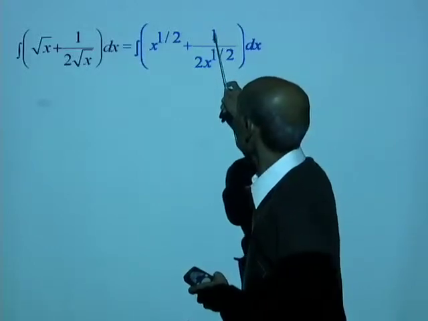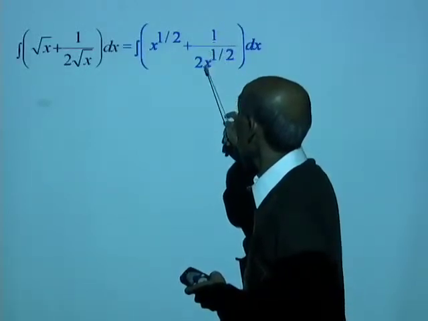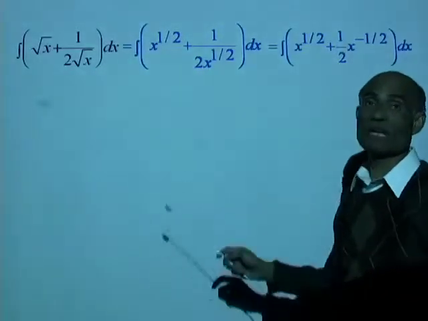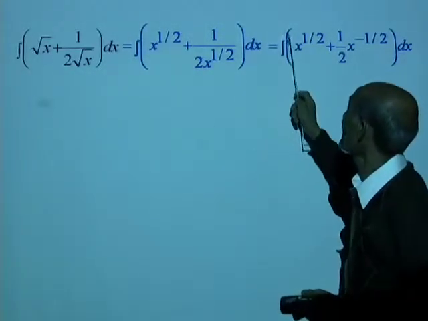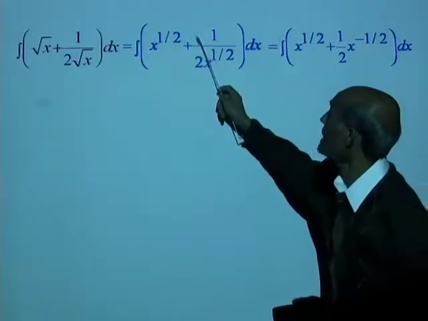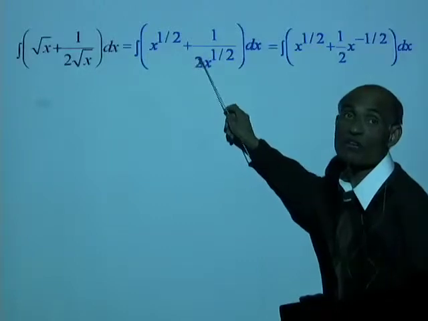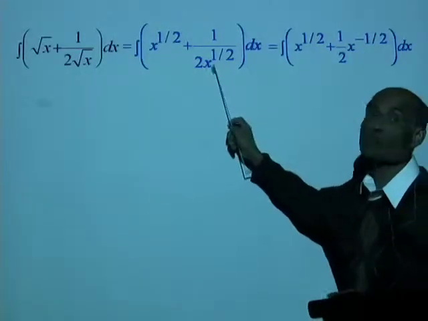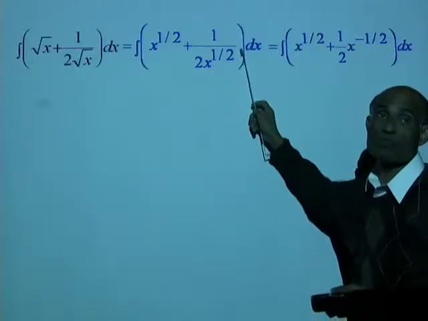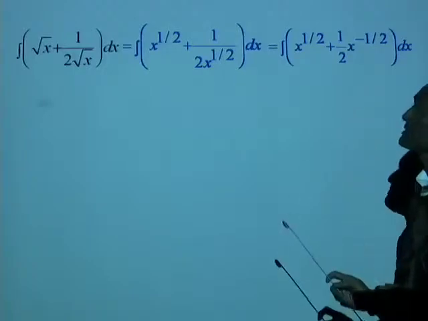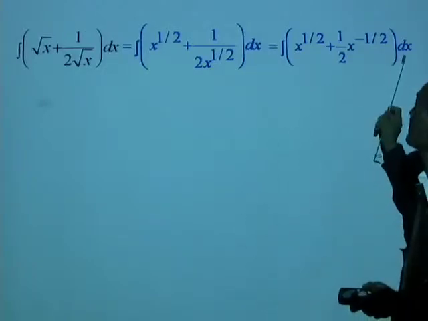So this will be x to the power of -1/2 divided by 2. That 2 will remain on the denominator. So it will be integral x to the power of 1/2 plus 1/2, this 1/2 is taking care of that too, 1/2 x to the power of -1/2. The x to the power of positive 1/2 goes to the numerator and becomes x to the power of -1/2 dx.